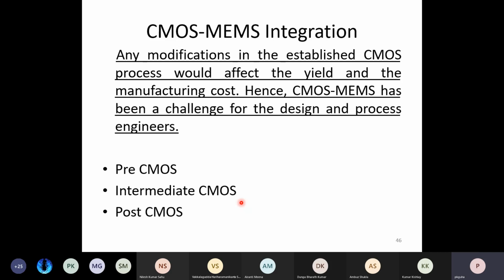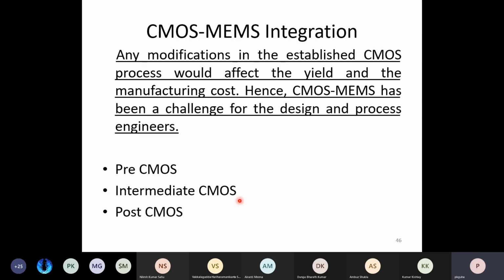So you stop at some intermediate step at an appropriate time, make your nanomaterial based sensors and other non-silicon, non-CMOS devices, and then bring the wafer back and finish your CMOS process.